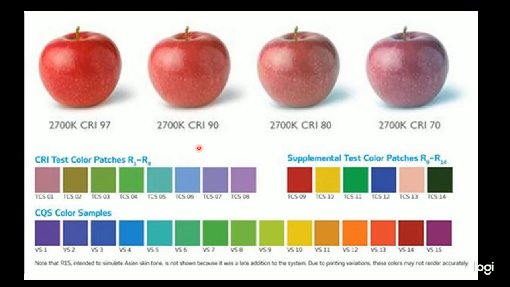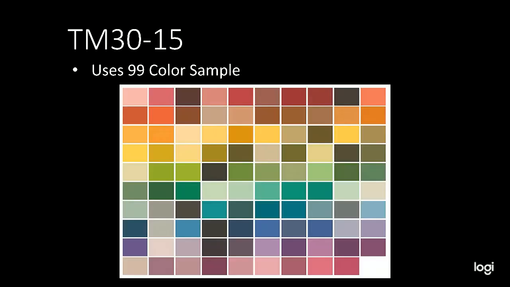They really did try to figure out a way to cheat the system to get their CRI numbers high, nearer the 95, 97 range, so that you would believe that their fixture was really good. So in answer to that, there was developed TM30-15, which just stands for Technical Memorandum 30-15.